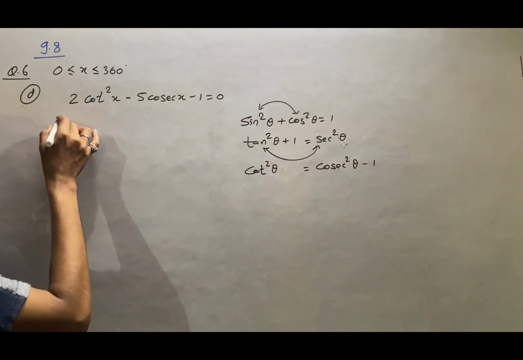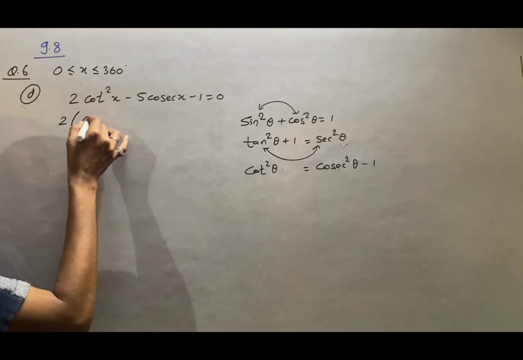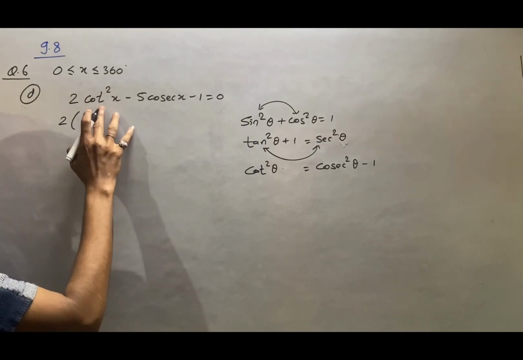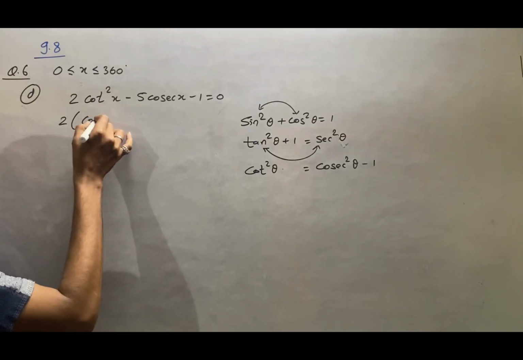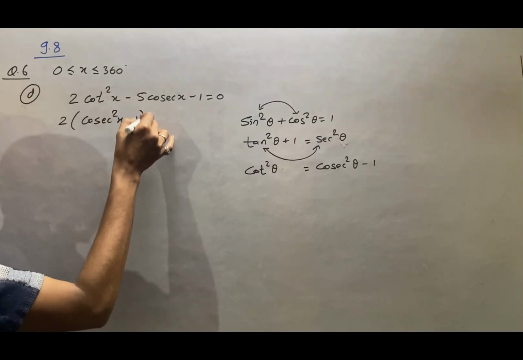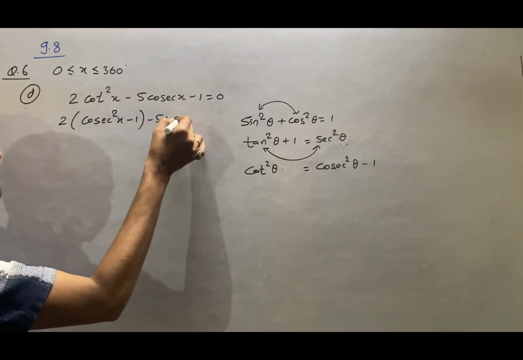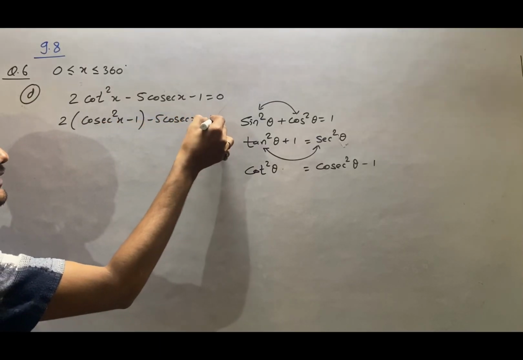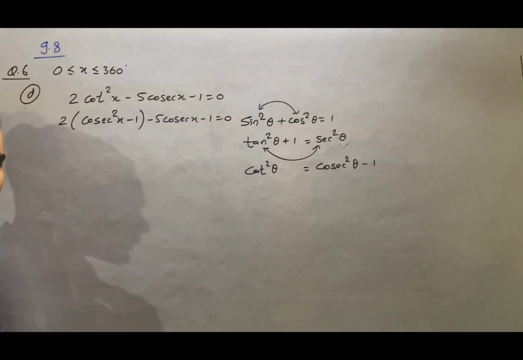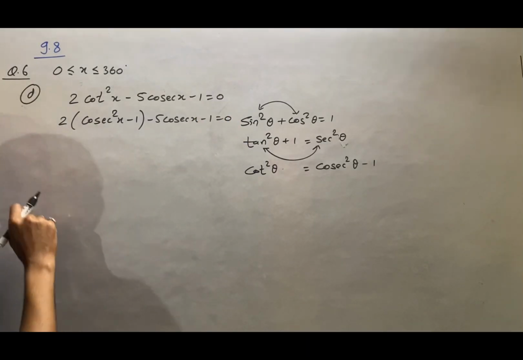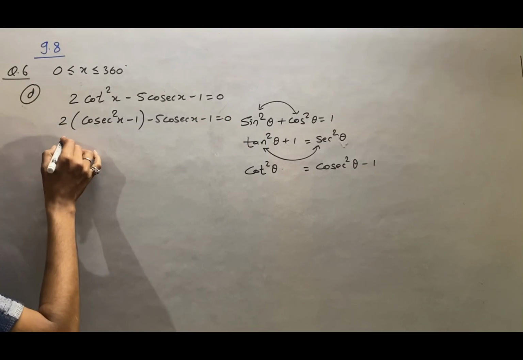So now we can say 2 times cosec square x minus 1 minus 5 cosec x minus 1 equals 0. Okay, so now let's open the bracket.